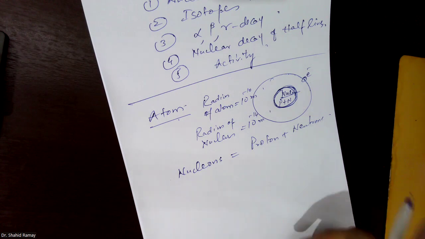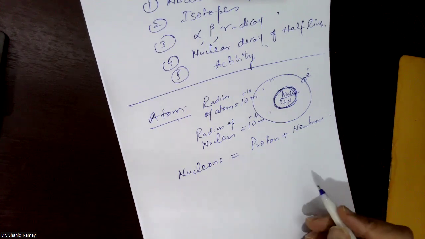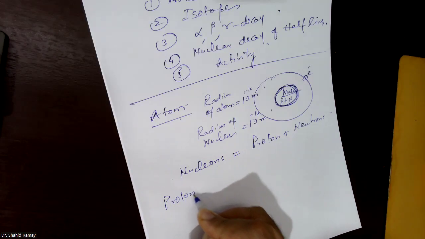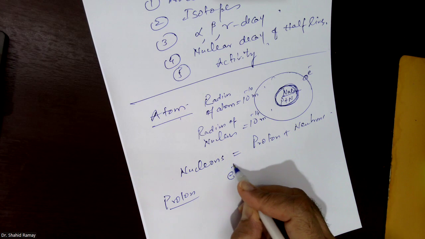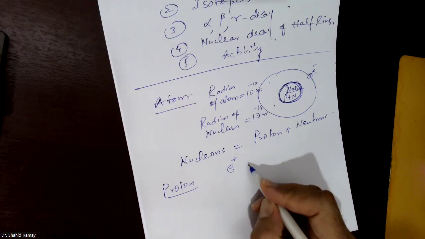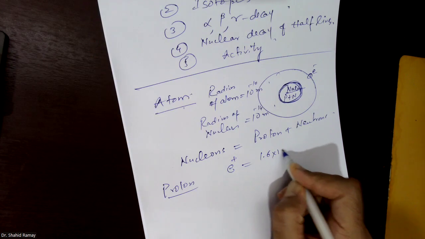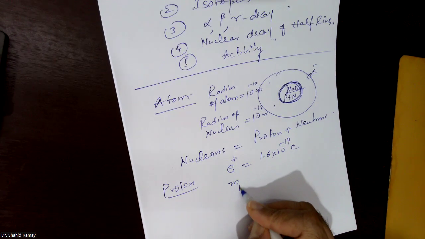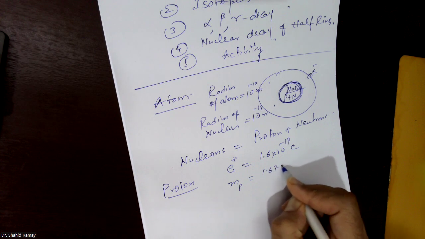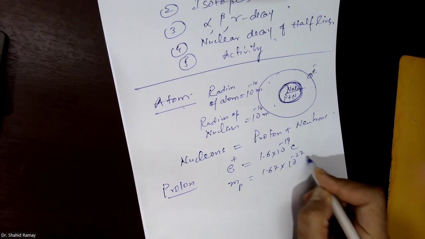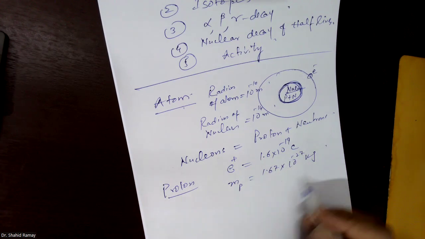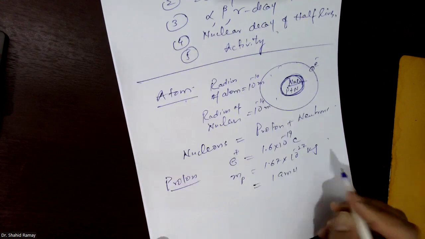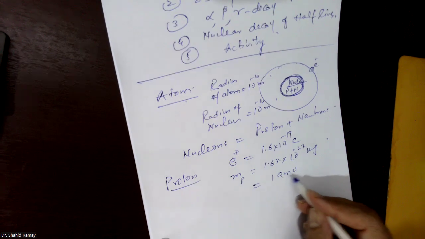You should remember that nucleons is equal to proton plus neutron. The second thing you should remember is that the proton has a positive charge, equal in magnitude to the electron, 1.6 into 10 raised to power minus 19 coulomb. The mass of the proton is 1.67 into 10 raised to power minus 27 kg, which is also equal to 1 atomic mass unit, AMU.